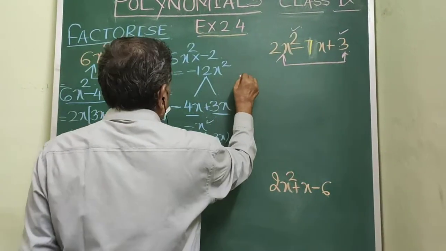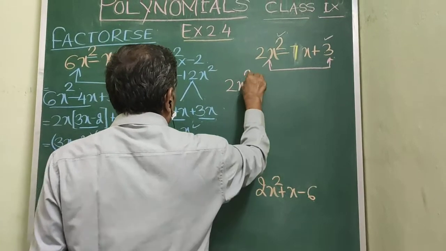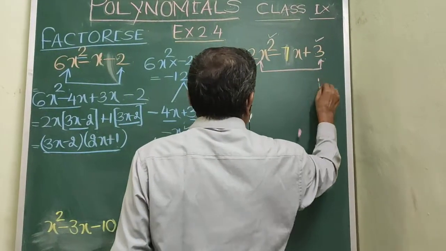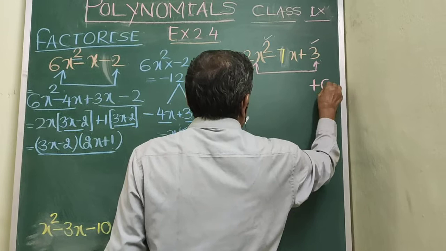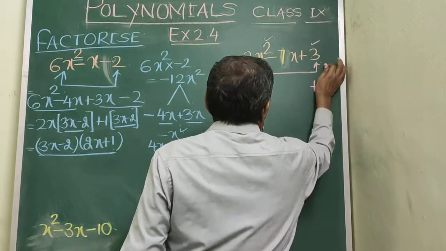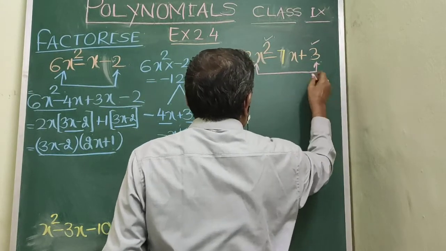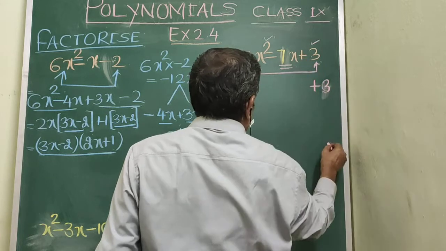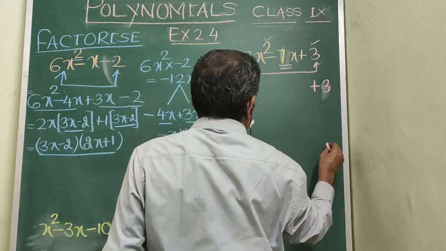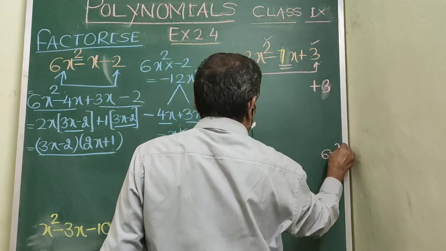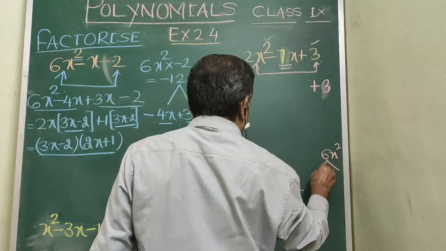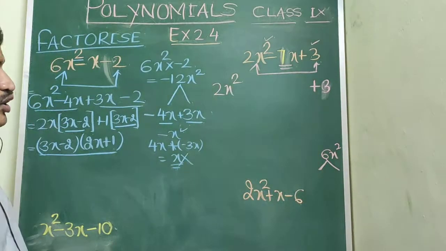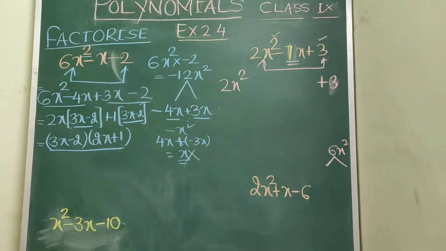So I have to find factors of 6 such that on multiplying I get 6x square, and at the same time on adding or subtracting I should get 7.